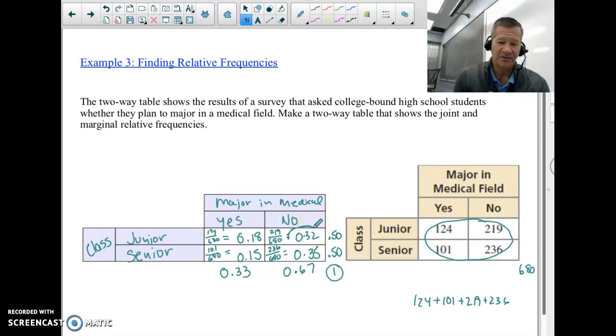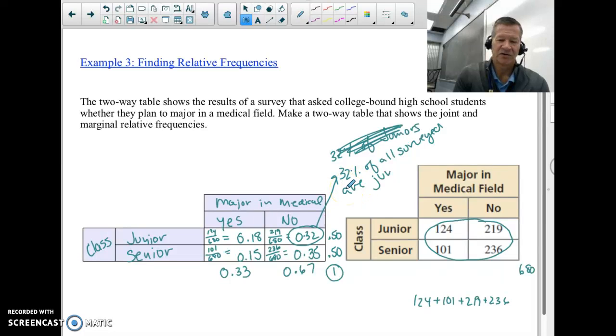So right here, about 32% of juniors surveyed, not of juniors, let me restate that. 32% of all students surveyed are juniors who are not majoring in a medical field.